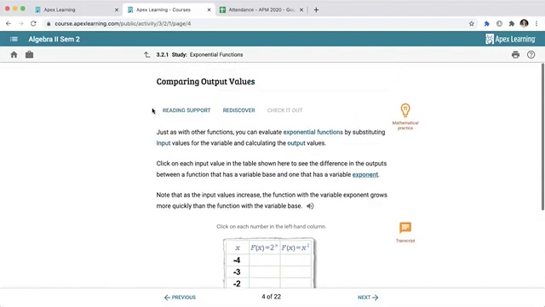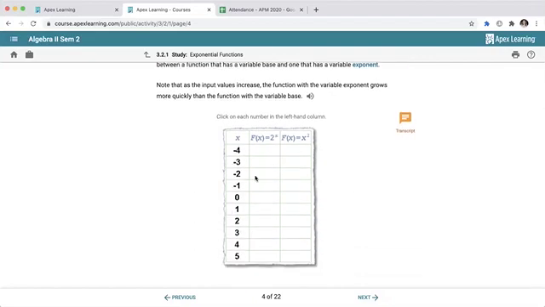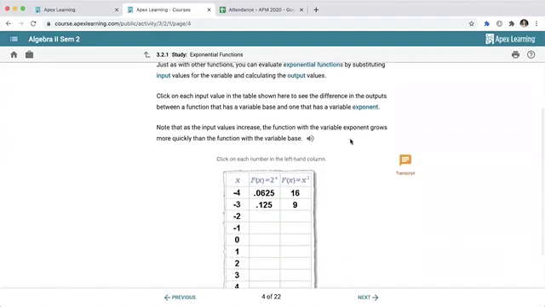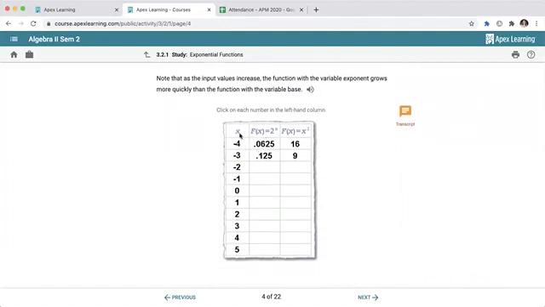Okay, and what we can do then is look at our things in terms of output values. So if we think about this like an expression here, you've got your function with our exponential, our 2 to the power of x, and we've got our more traditional x squared here, okay? So if we're looking at what these values look like, again treating it like an input-output situation, if x is our input, f of x is going to be our output.